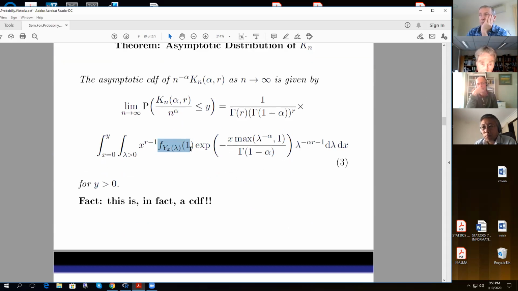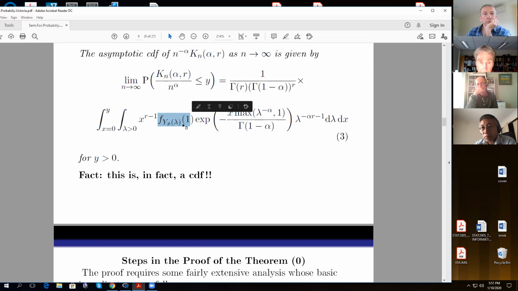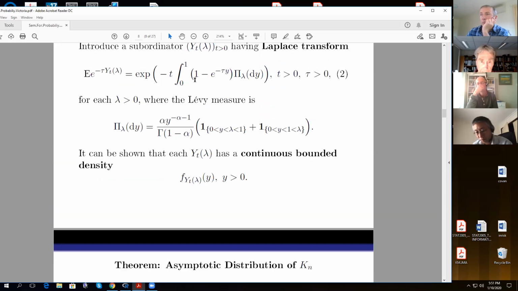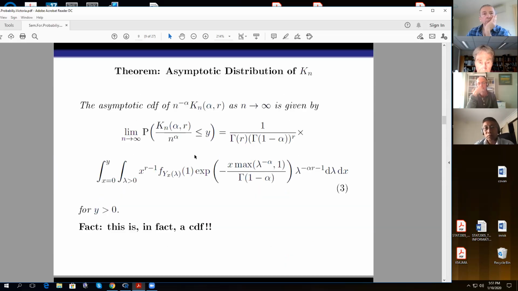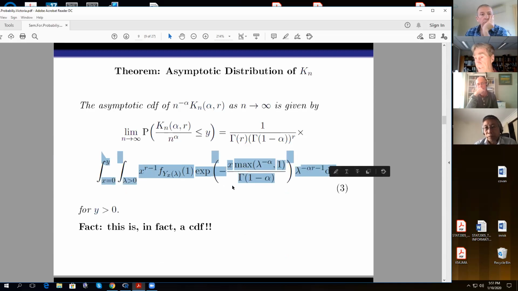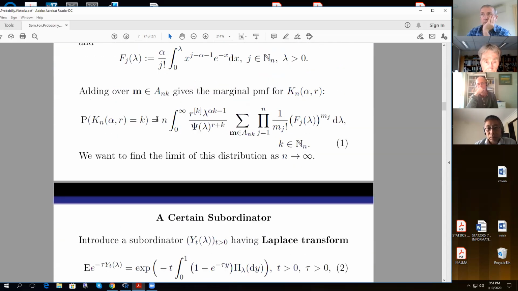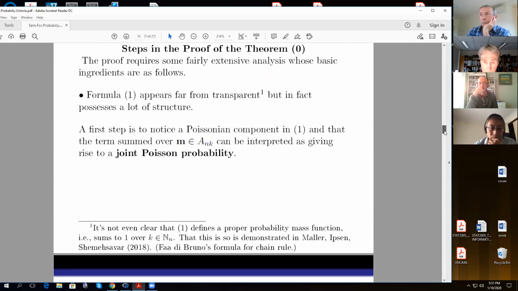You've got this thing to deal with. That's the density of the subordinator. Sorry, not the Dickman subordinator. This subordinator here, the one with the alpha in it. So there's still some computational issues to address here, but they can be done. Whereas I think you'll agree that trying to deal with this monster here computationally, you need to be a brave soul.